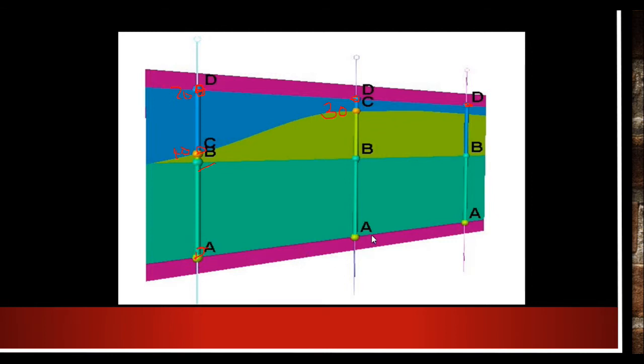For example, here you have point A, which is the well top in this well. In this well also we have point A, and in this well also we have point A at this point. So this is what we call a well top. We're going to see later how to create a surface using this well top.